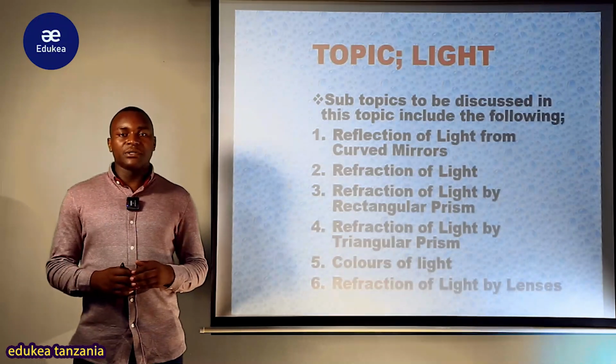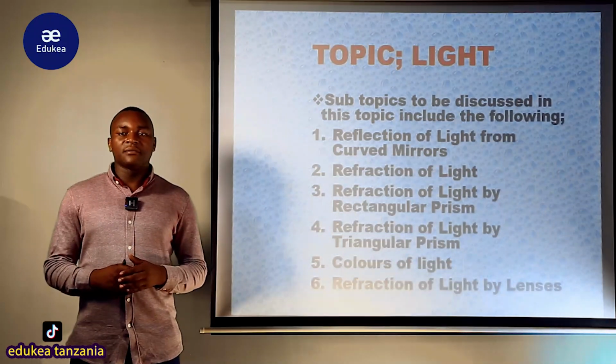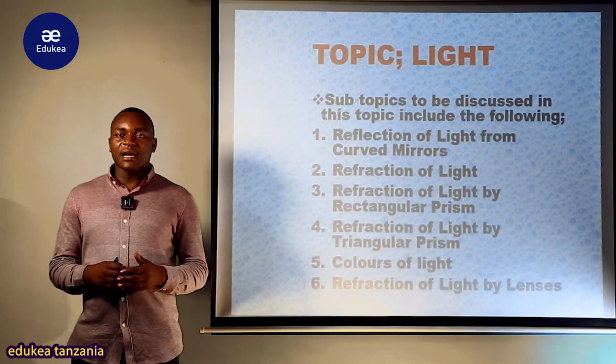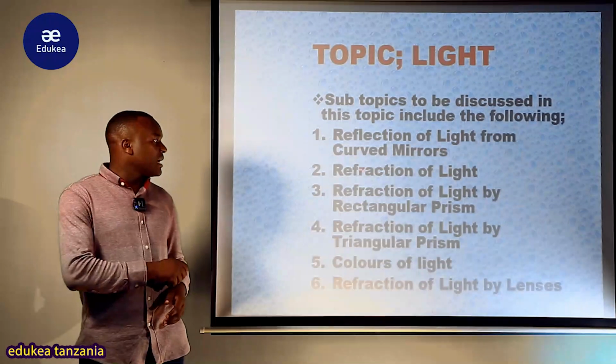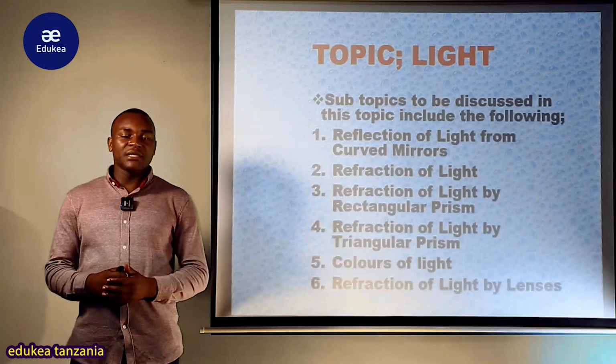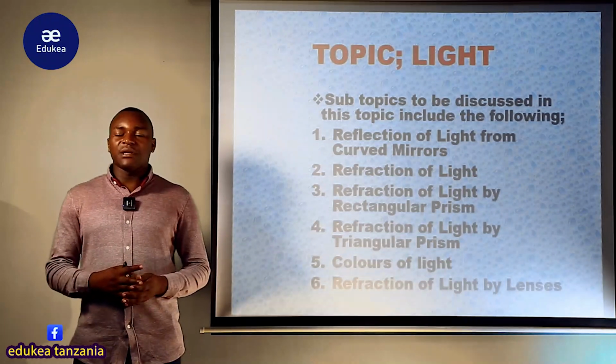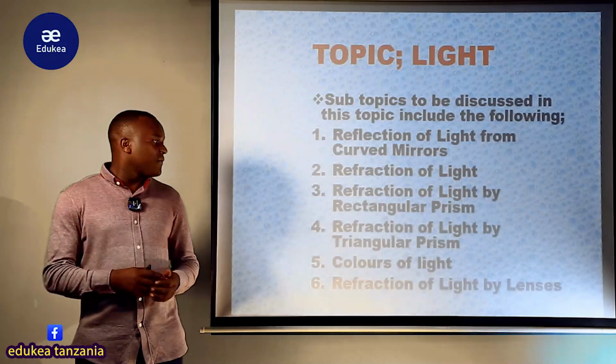Hatukuishia hapo, tuliangalia kuhusiana na application ya total internal reflection, na kipengele cha mwisho kabisa katika hii part ya refraction of light tulizungumzia kuhusiana na formation of the mirage, how the mirage is being formed.